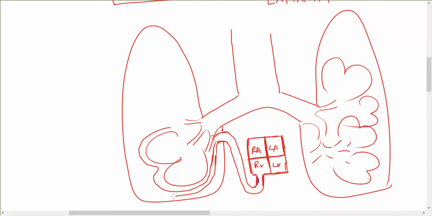I draw the alveoli in green color so you can differentiate. So this is the alveoli.